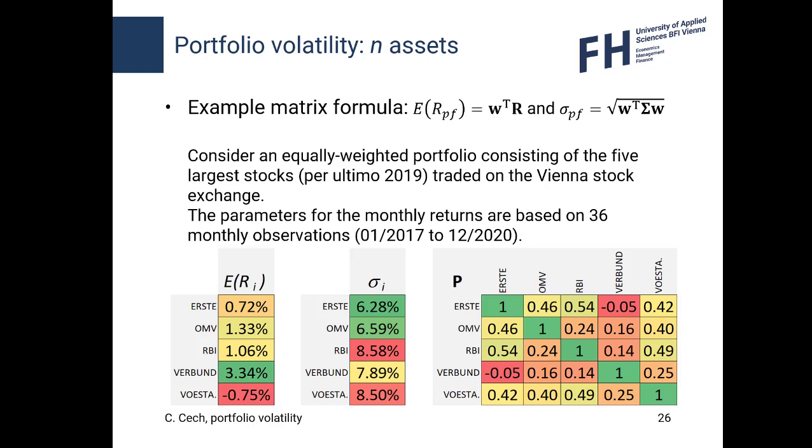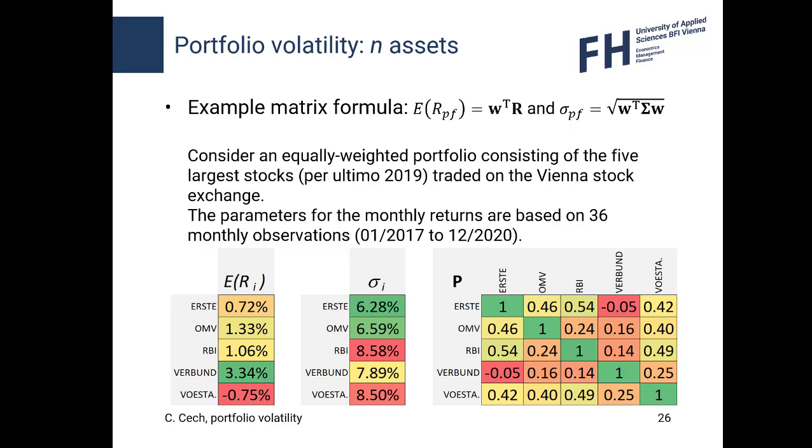Consider the following example, which I have conducted in Microsoft Excel, where I employed the matrix formula for the expected return of a portfolio and the volatility of this portfolio.